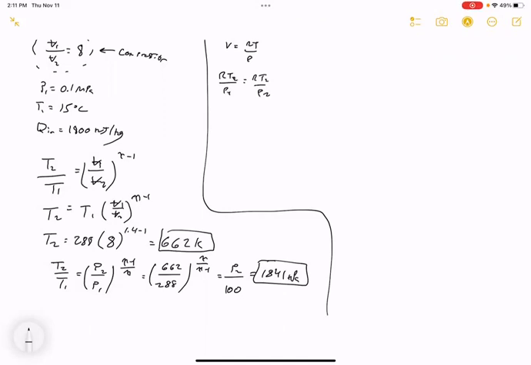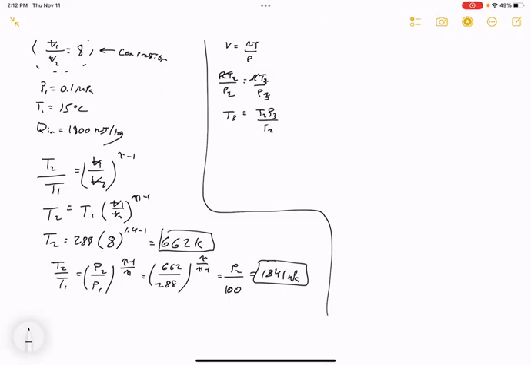Excuse me, this should be 2, and this should be 3. So now we're on to the next process. The R's cancel out, and we know T2 and P2, which we found in the first process. So we can say that T3 is equal to T2 times P3 over P2.